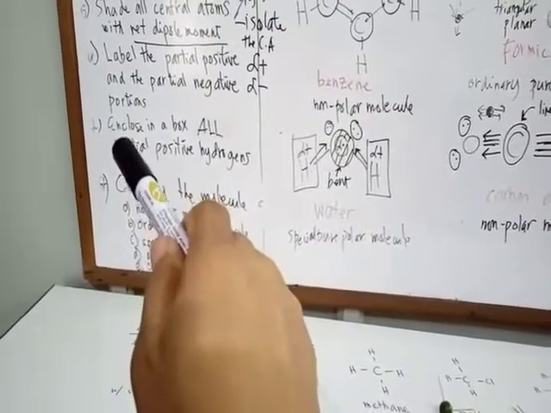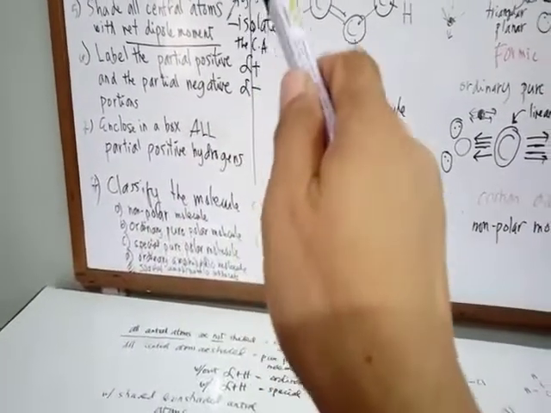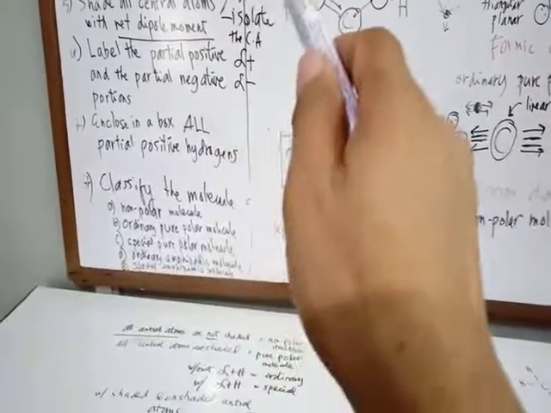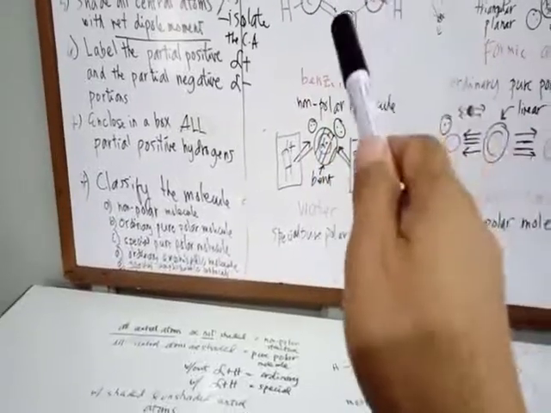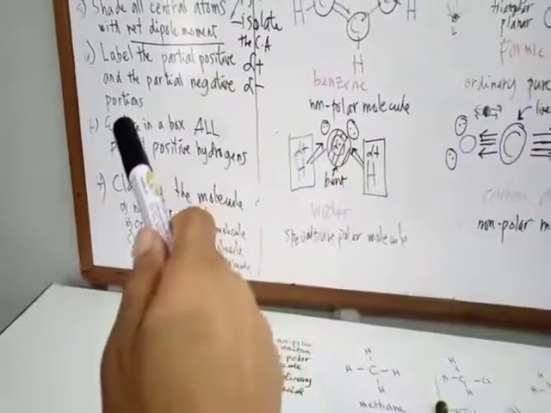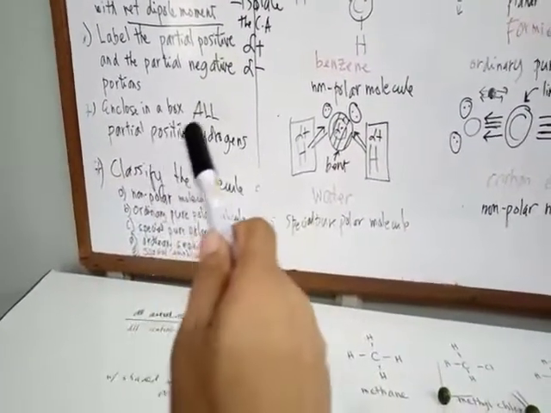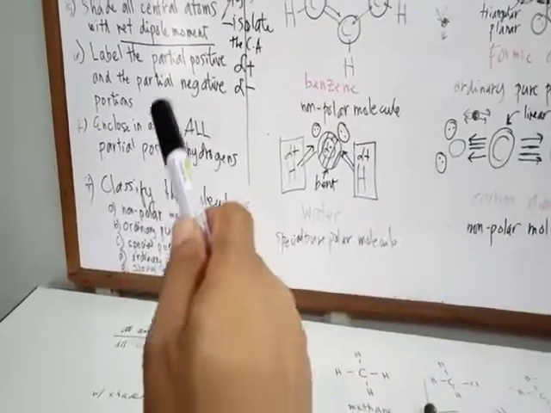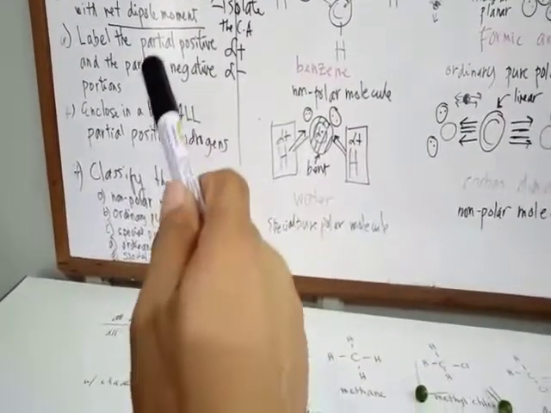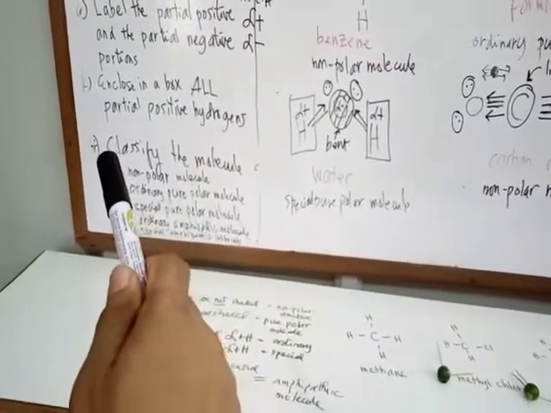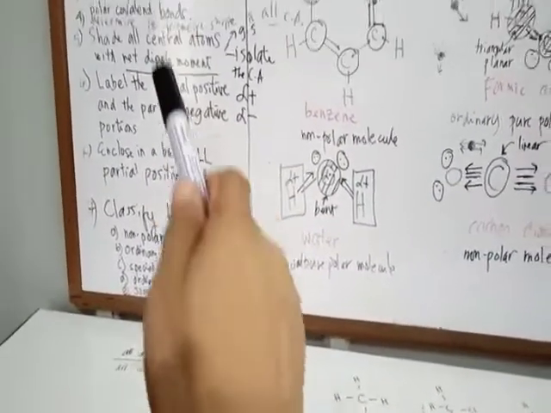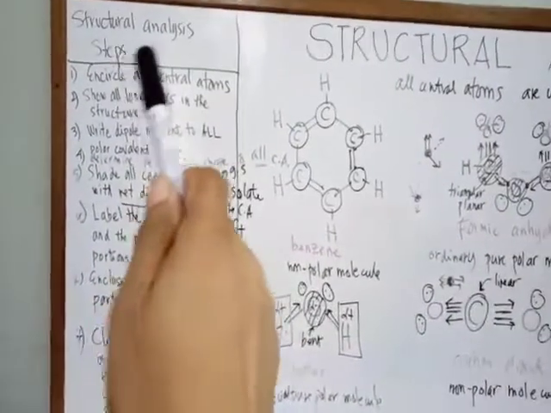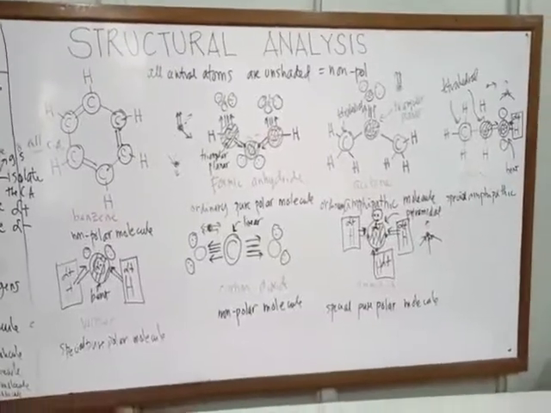Number 7, if you were not able to pinpoint the partial positive and partial negative portion, then you enclose in a box all the partial hydrogens, because that will determine if the molecule is special or ordinary. And then number 8, you can now classify the molecule based on the result of the structural analysis, like what we did a while ago.